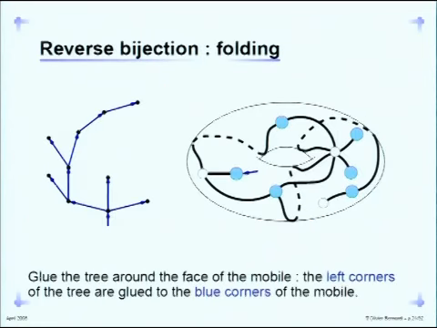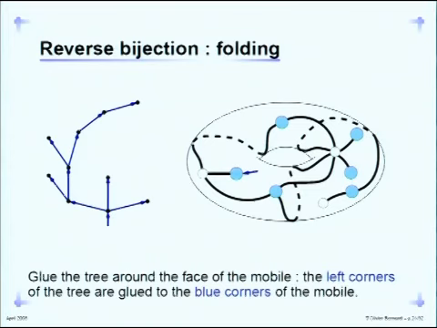Just a word about the reverse bijection so that you understand how it works. So the basic thing is that when I've put these two objects apart, I've lost no information at all. In fact, if I want to do the reverse operation, I want to glue the tree around the face of the mobile.